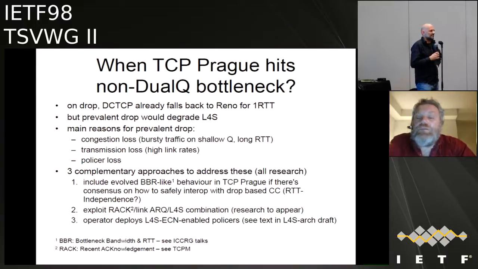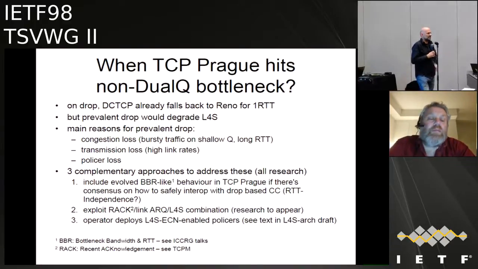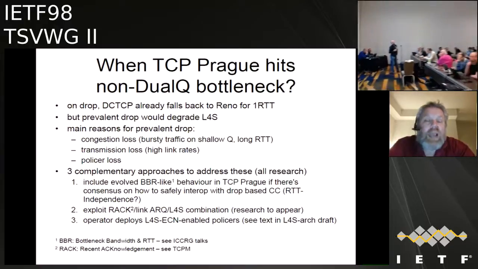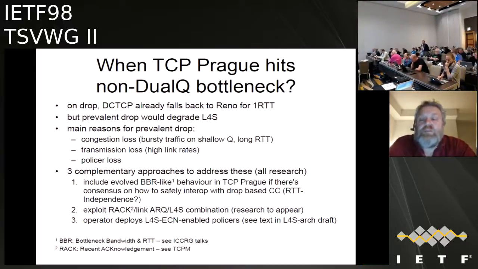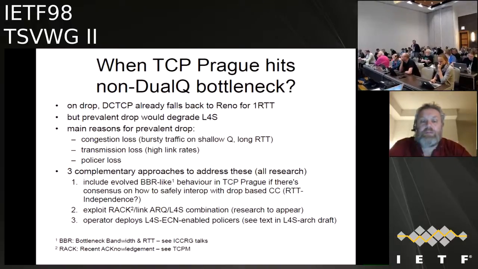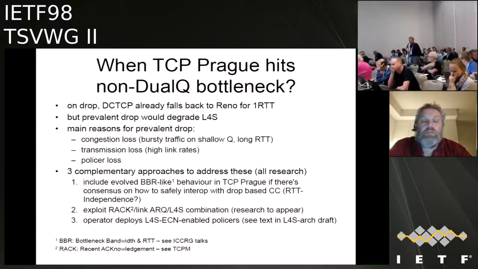But in any case, I hope the upshot is that one of the reasons for running the wide area experiment that we're trying to enable with working on these drafts is to go have a look at how much these snares turn up in practice and how to deal with them.